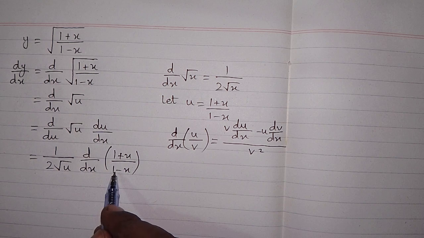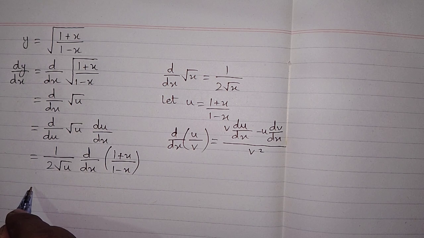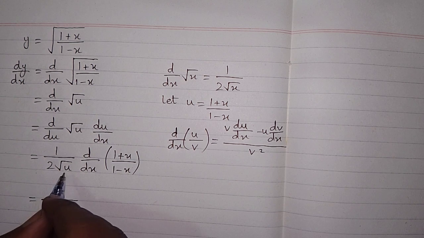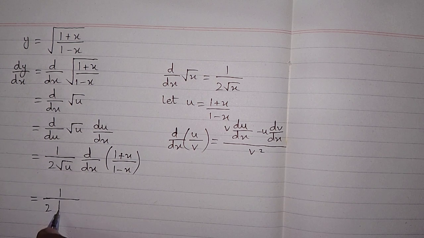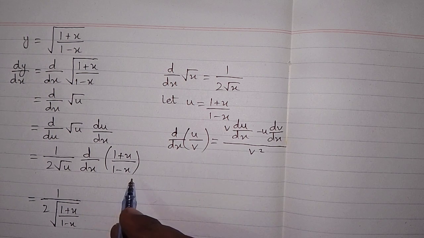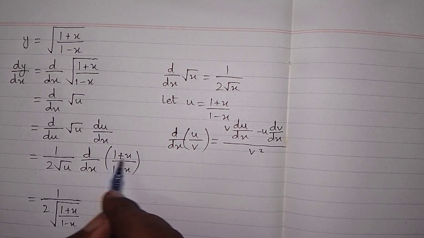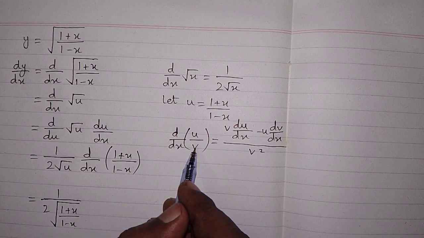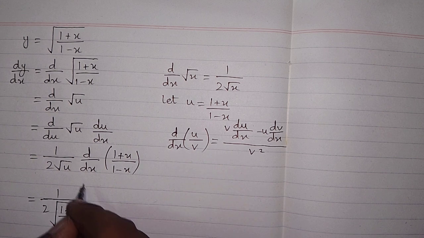So we can apply this formula over here, and first we can write the value of u, which is (1 plus x) upon (1 minus x), in place of this u. We have 1 plus x in place of u and 1 minus x in place of v.